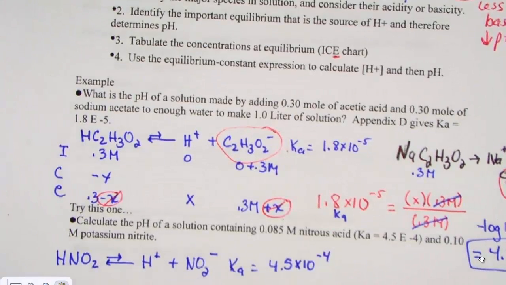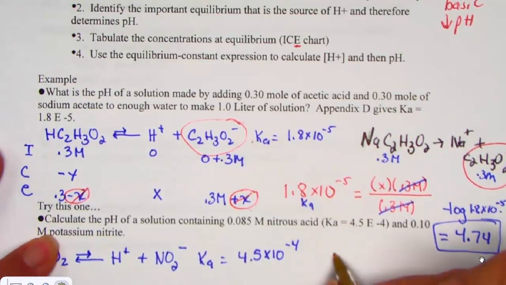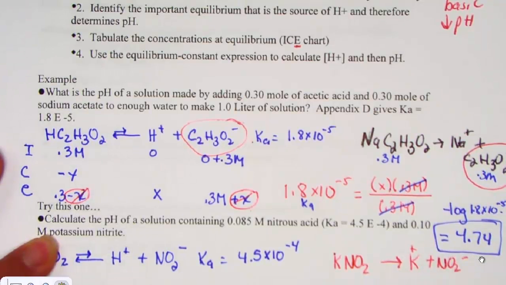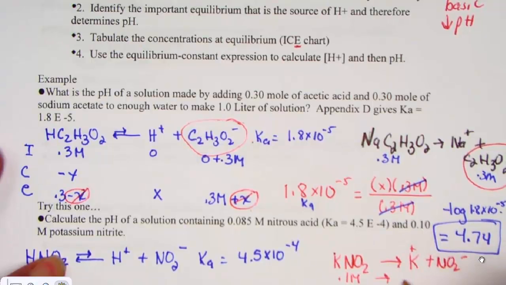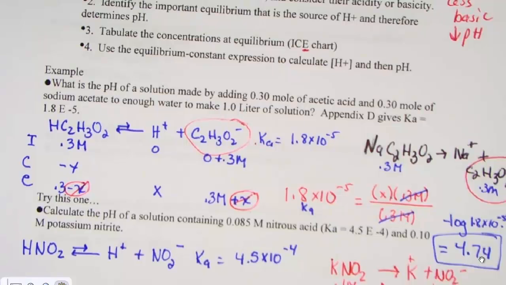Also in solution, in a separate scenario, we have its salt, potassium nitrite, KNO2. The very definition of a strong electrolyte says it 100% dissociates, so that if I had 0.1 molar potassium nitrite, it's going to form 0.1 molar of potassium and 0.1 molar of nitrite, the strong electrolyte.